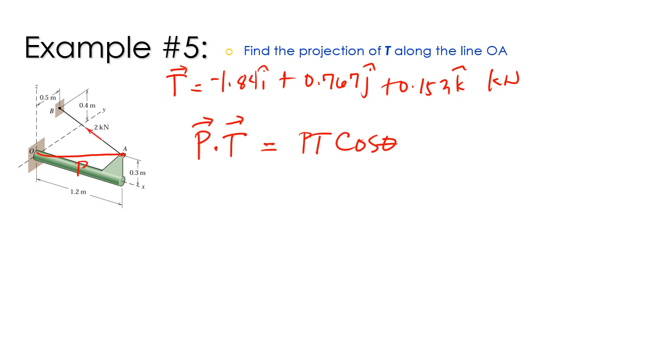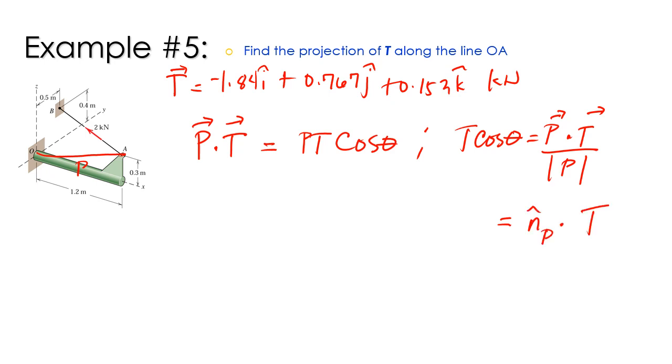Since we are looking for the projection of T along line OA, we have T cosine theta equal to the dot product of the vectors P and T over P, and it is equal to the unit vector of P times T.